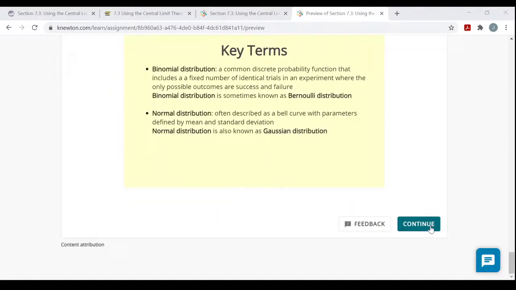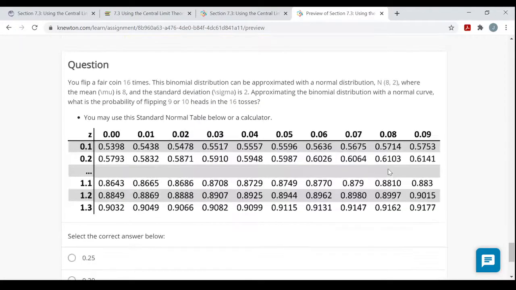All right, so let's get to a problem here. Now it says you may use the table or a calculator. Let's just save some time and use a calculator. So you flip a fair coin 16 times. So that's the n, right? The number of trials, 16.